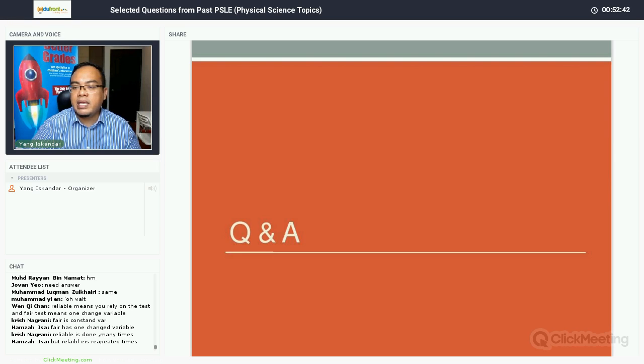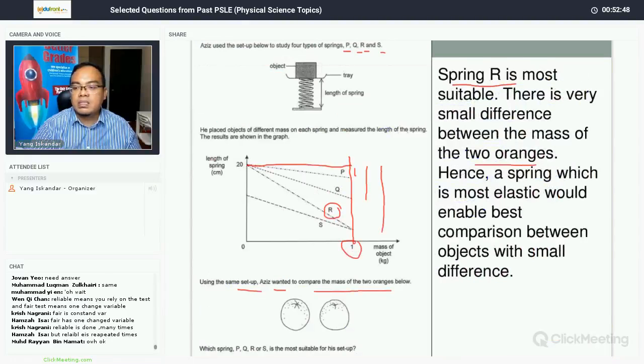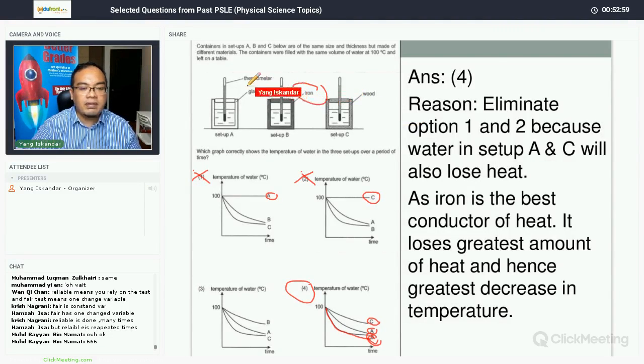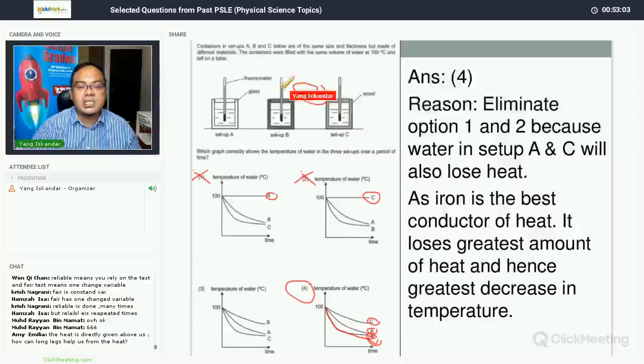Okay, let's take a look at this example to illustrate what we mean by a fair test. Jovan, listen carefully. A fair test means that there is only one change variable.